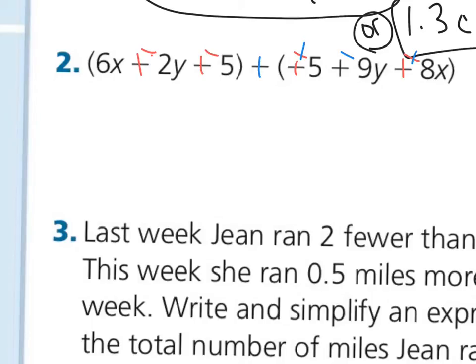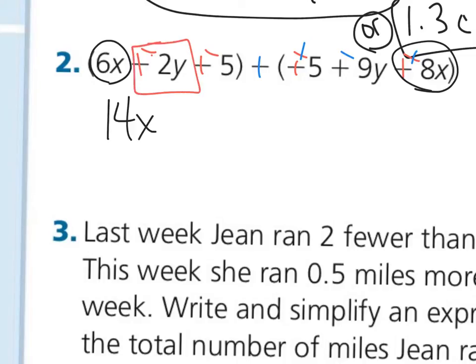At that point, again, if it helps you, you can get your like terms together. Now it's going to be just like we did with addition. So combining like terms here, we've got two x terms, 6x and 8x, combined together would be 14x.